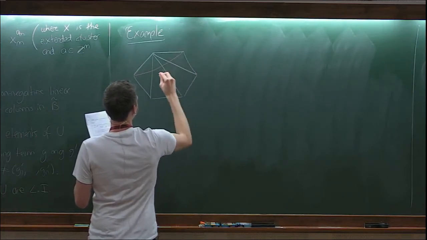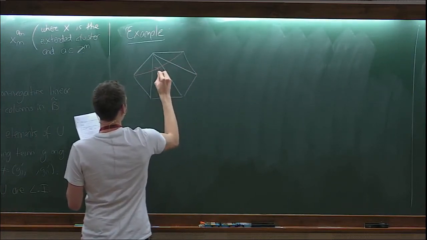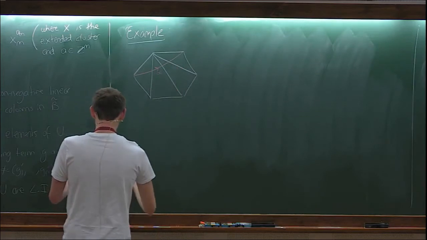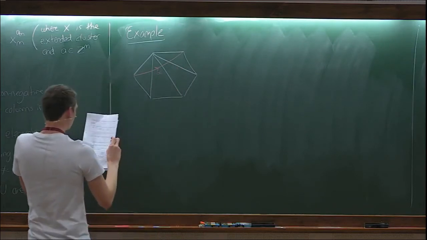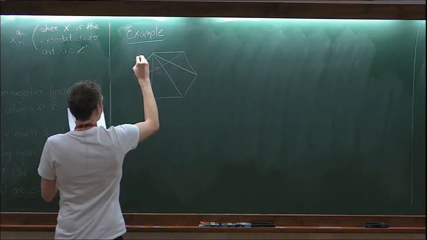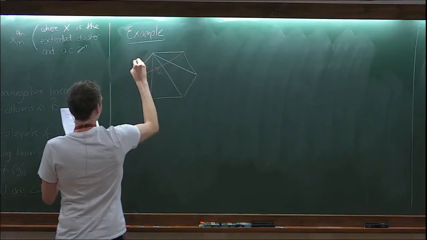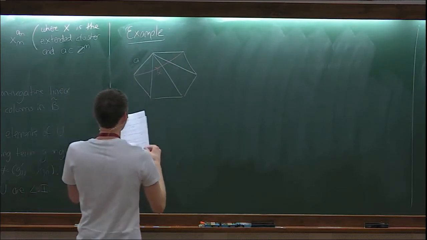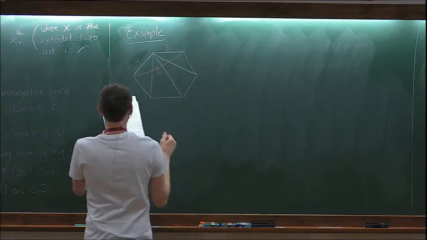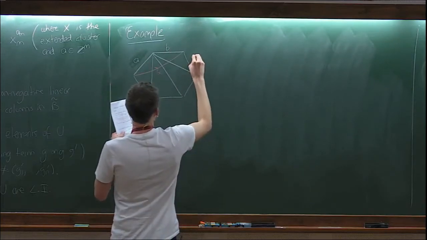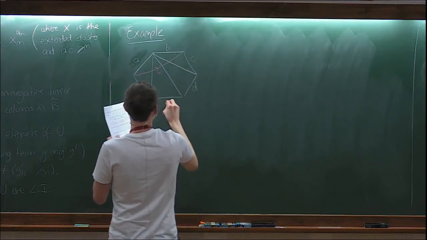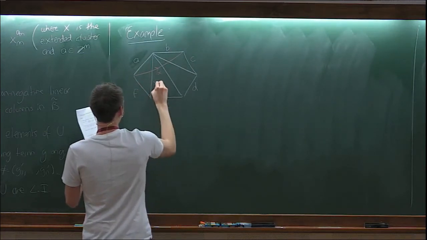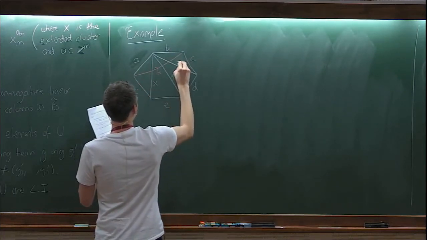And we need to put some orientation on it, so let's orientate it this way. Just to make it easier to understand what's going on, let's also label all of the arcs: the boundary ones from A to F, and the interior from X to Z.